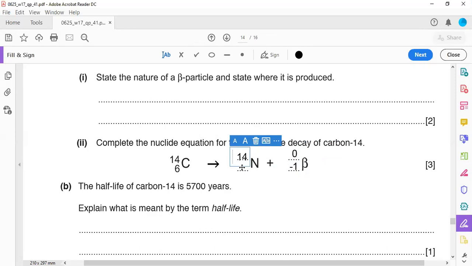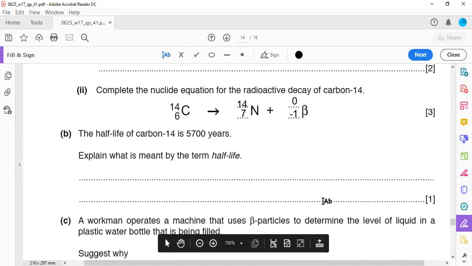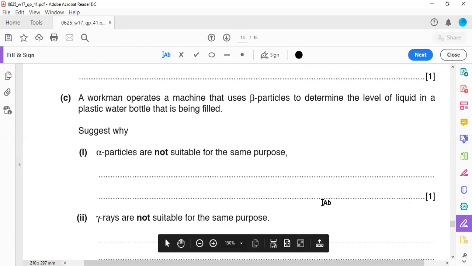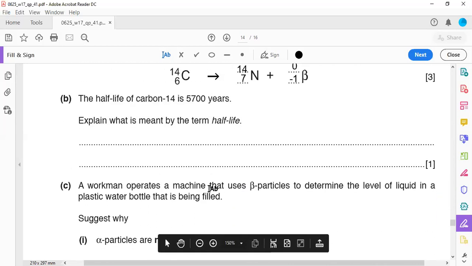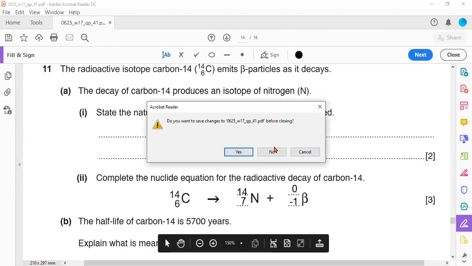Good, because 7 minus 1, you get 6, which is exactly what we want at the start here, carbon 14, 6. Also, nitrogen is 14, 7. As for the other theory questions like these, we will do that later on. I just want you to understand this part here. I'm going to do our next question, making sure you understand.